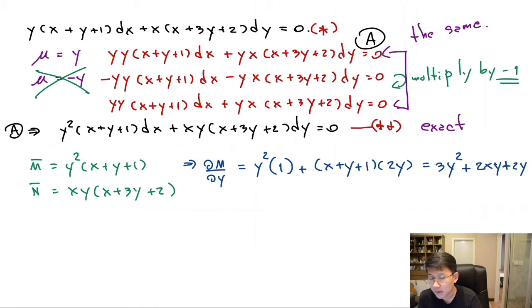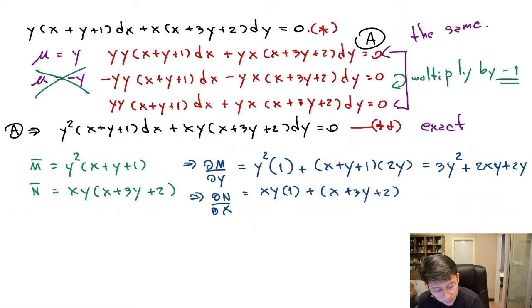The other one, dN by dx, is xy times d by dx, which is 1, the rest is 0, plus v du, which is (x + 3y + 2) times y.